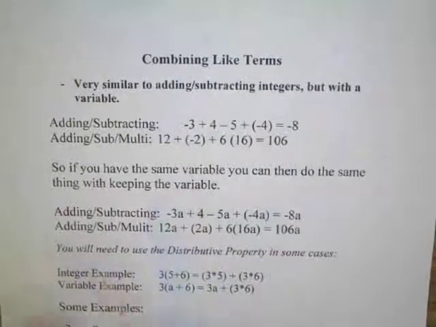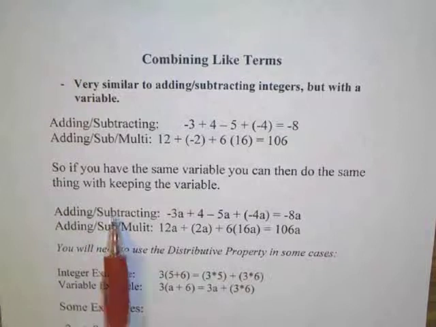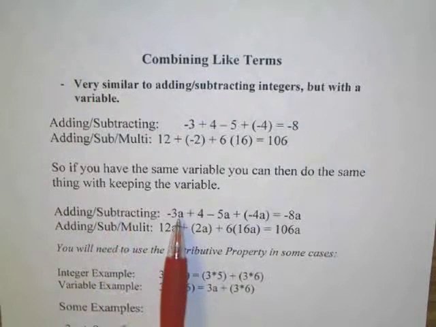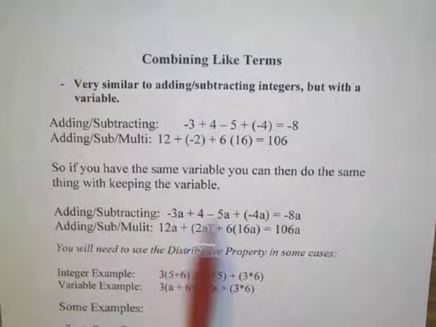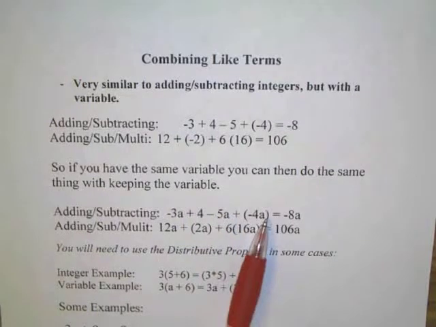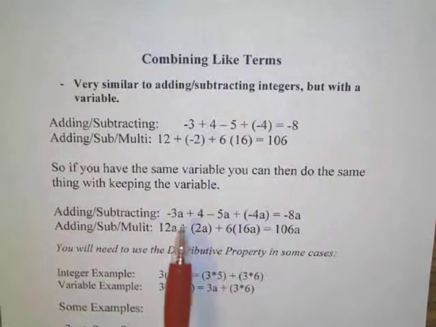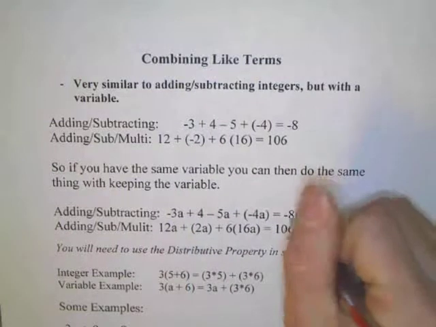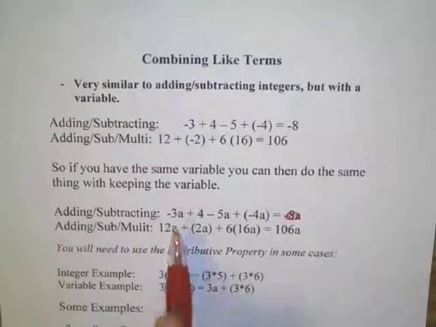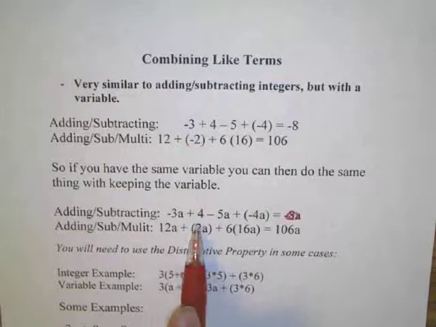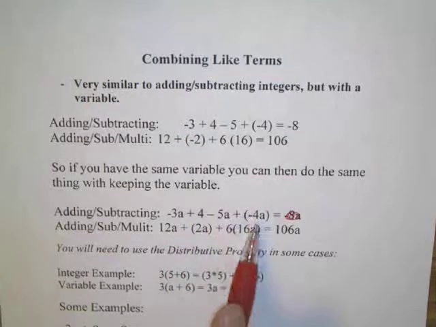Now we can take the same problems and put variables into those problems, meaning we don't know one of our numbers. So if we did the adding and subtracting one and we put an a in 3 different spots, we get 3a plus 4 minus 5a plus 4, -4a.